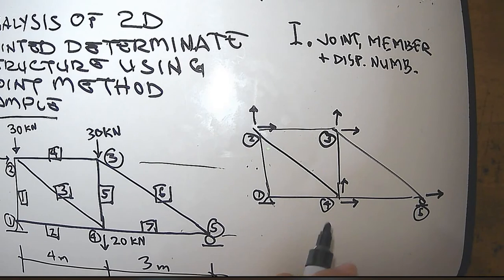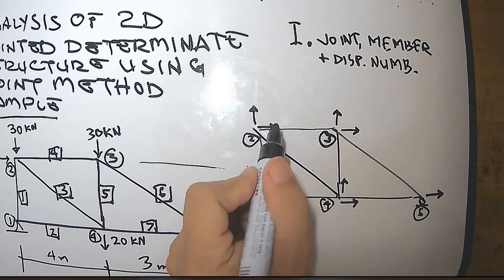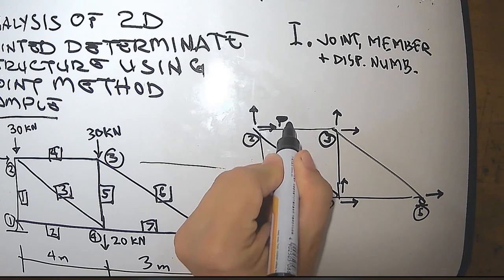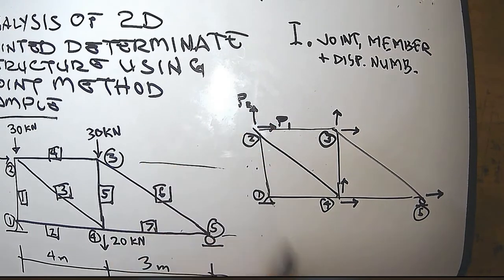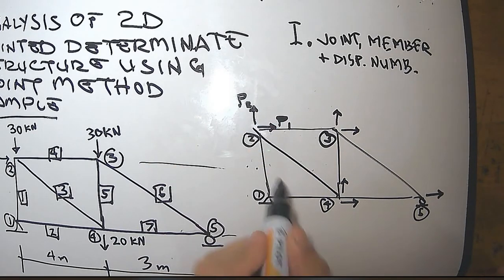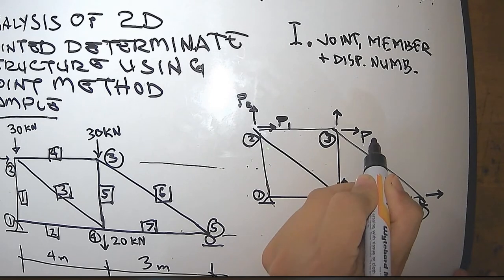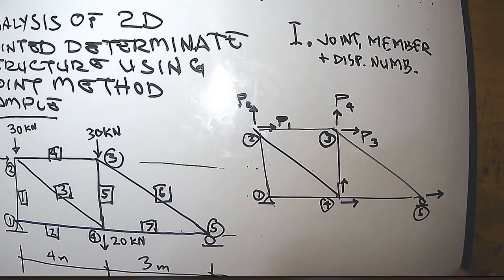Now, we will do displacement numbering. So, sa node 1, wala. Sa node 2, meron. So, let's take the horizontal as your P1. And then vertical as P2. Okay, tapos susunod sa number 2 is node 3. So we have P3, then P4.